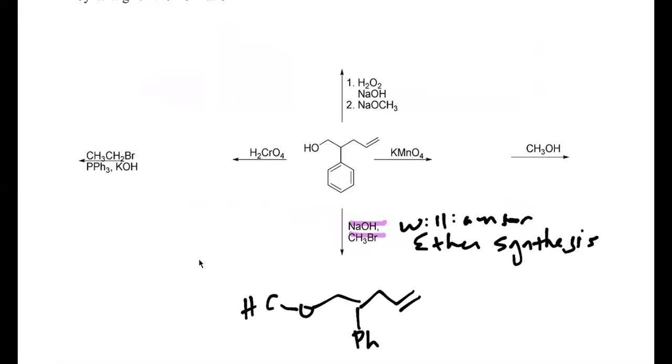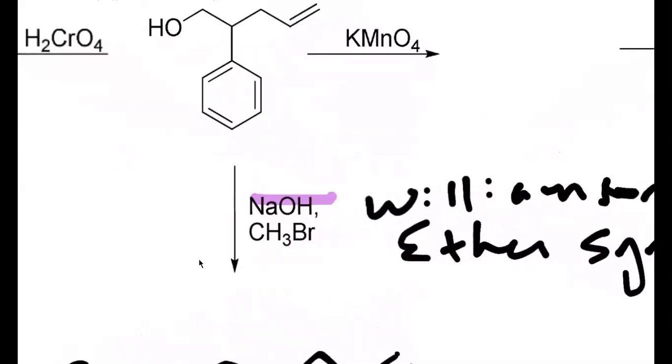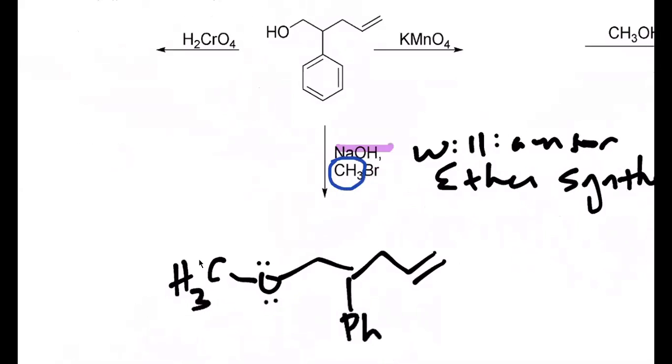It turns alcohols into ethers. The CH3 from the alkyl halide ends up replacing the proton on the alcohol, so you make an ether.